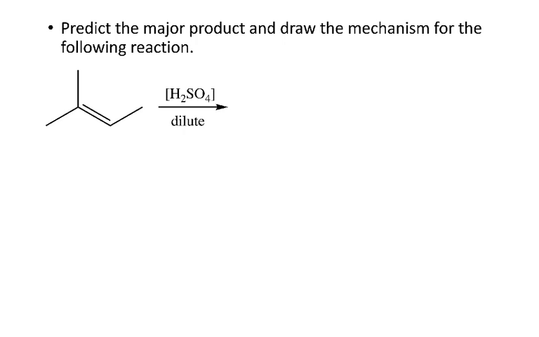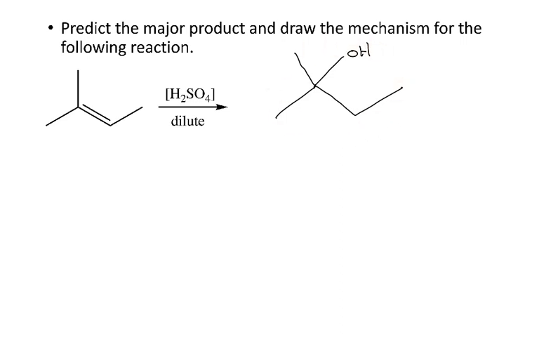So my major product will be this. Now we want to check and see, am I going to get a mixture of enantiomers? But in this case, because I have a CH3 and a CH3, this carbon is not chiral, and so this will be the only product.